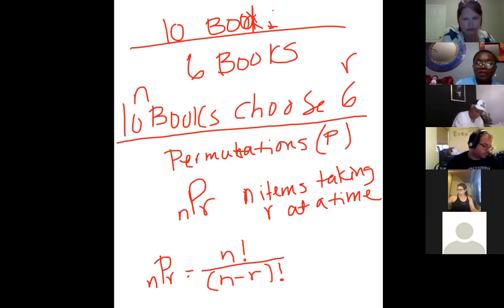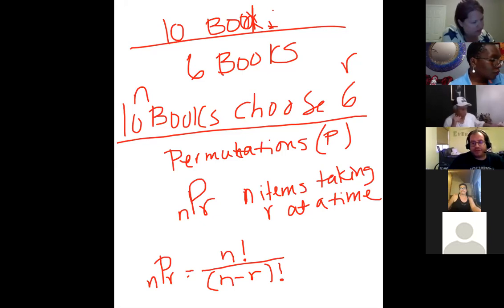This is the formula we use to calculate how many ways we can choose 6 books out of the 10. With that formula, you have to do the order of operations: N minus R first, and then the factorial of N minus R.